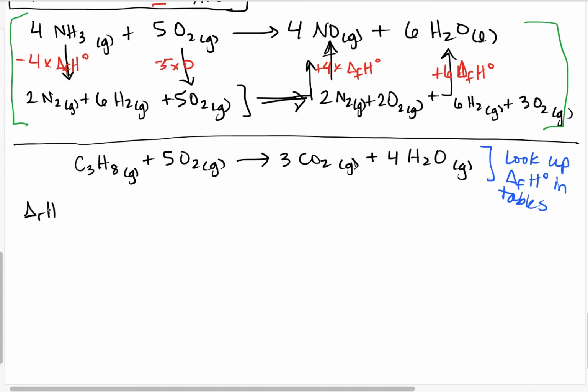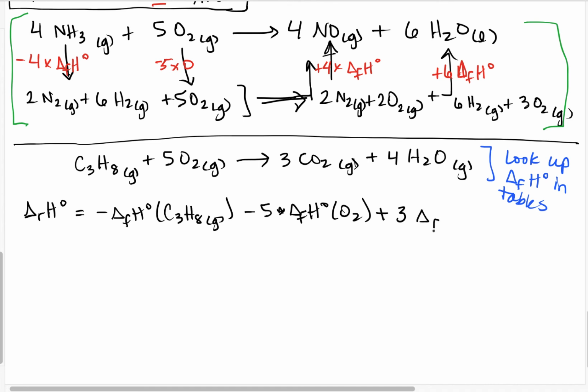All right, so hopefully you saw that we have 1 mole of C3H8, so we need -1 times the formation enthalpy for C3H8 in its gaseous state, and then -5 times the formation enthalpy of oxygen, which I'm sure you remember is 0 again, and then 3 times the formation enthalpy of carbon dioxide gas, and 4 times the formation enthalpy for water vapor.